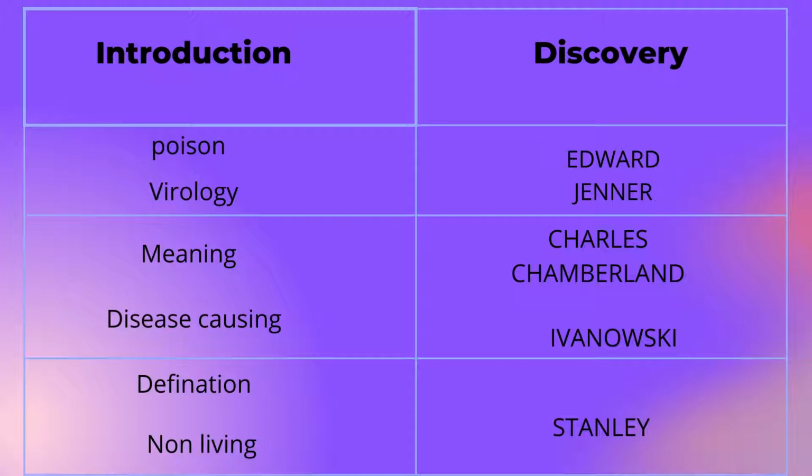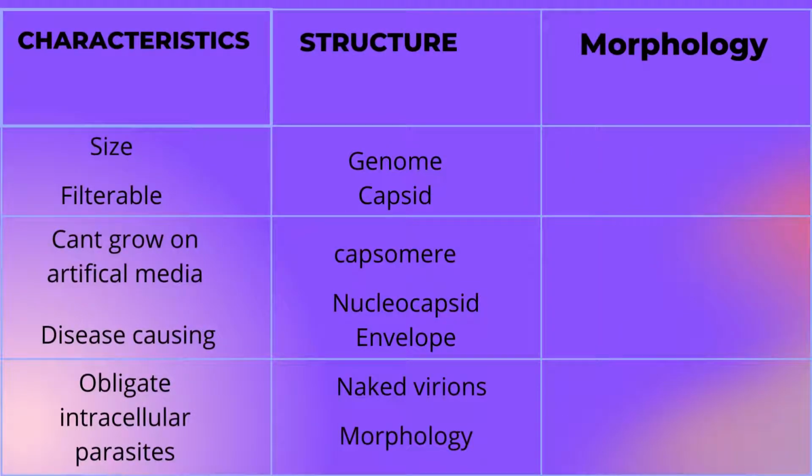In discovery portion, we read the first role was Edward Jenner, then Charles Chamberland, then Iwanowski, and at the end Stanley. Characteristic portion: we read about its size. It is filterable. It can't grow on artificial media. It is disease causing and it is obligate intracellular parasite. So we can memorize each and every portion separately.